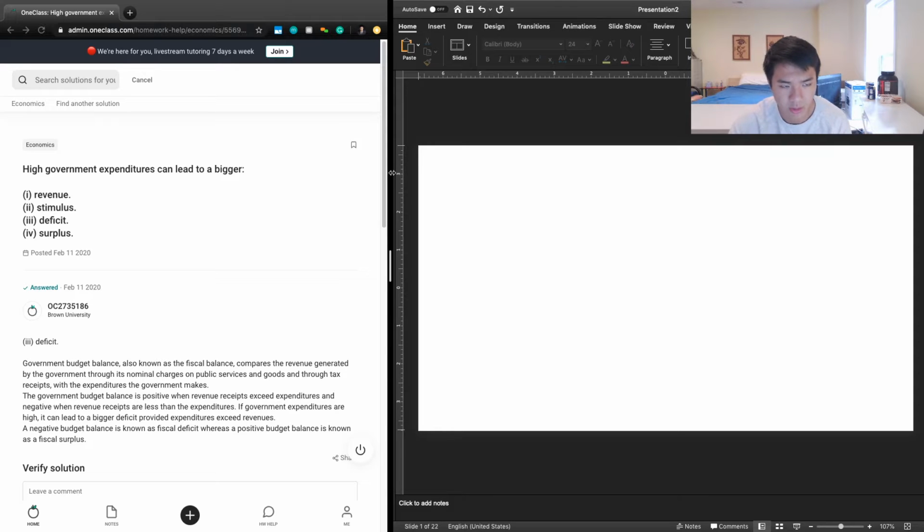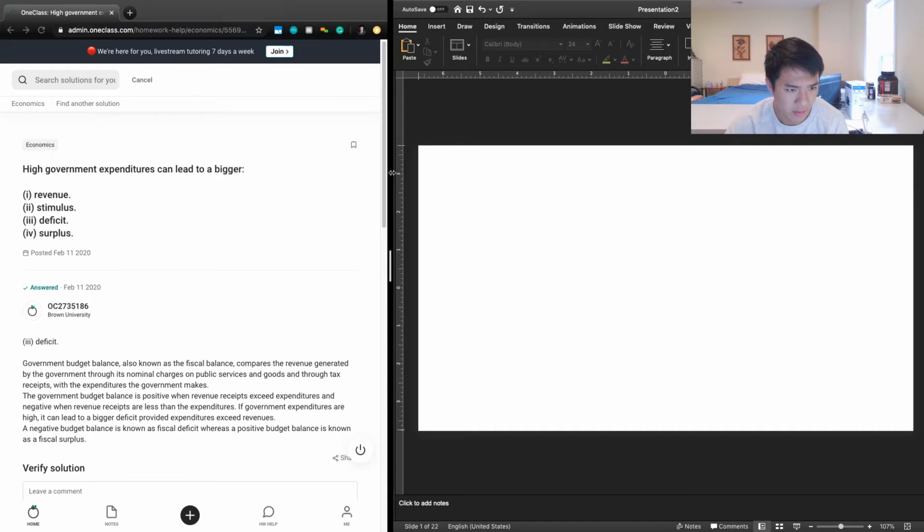Number one, revenue really refers to the government's income through taxes. That's the government's major source of income every year, and you can think of government expenditures as its spending. Just like we have income and spending, government also has income and spending. So revenue is more on the income side, less so on the spending side, and government expenditures are pretty independent from how much revenue is generated.